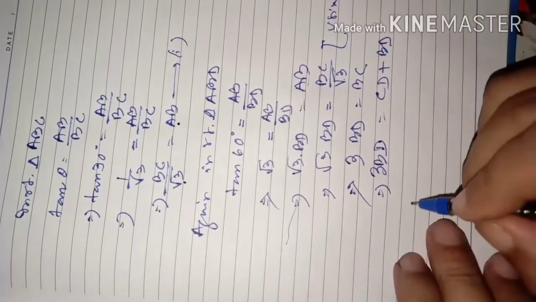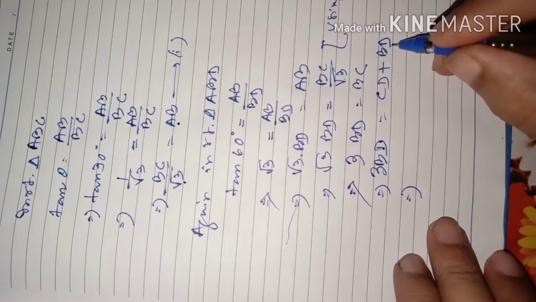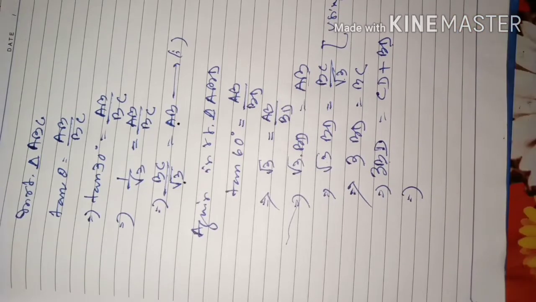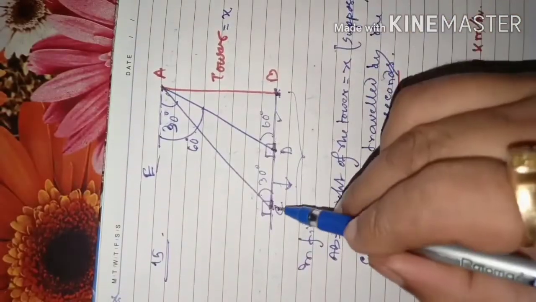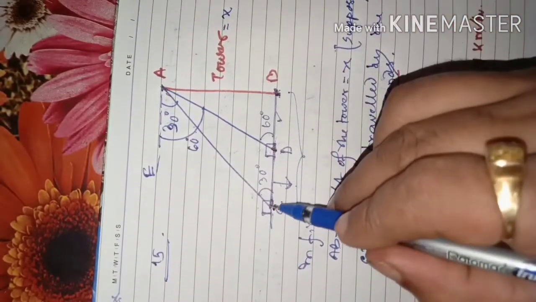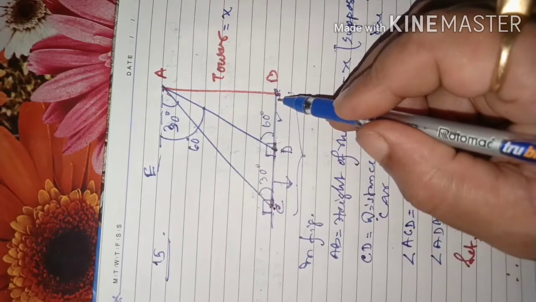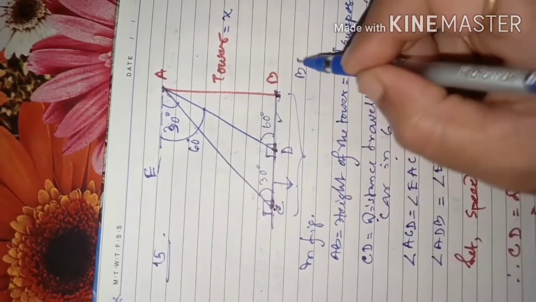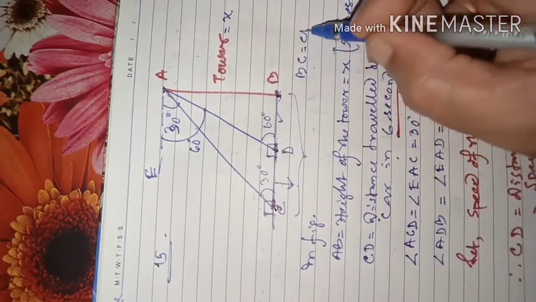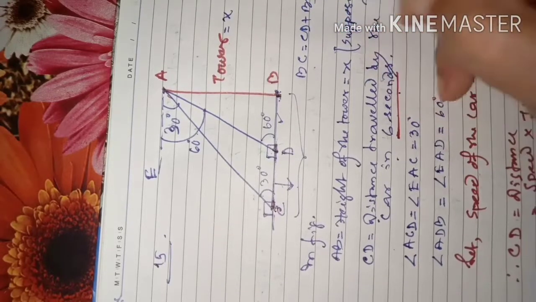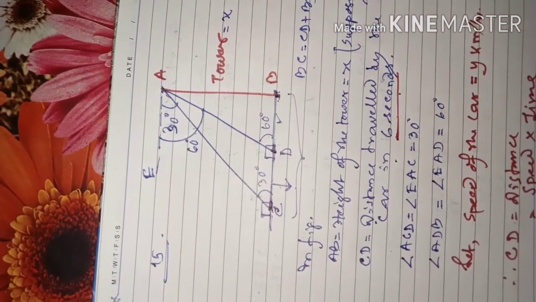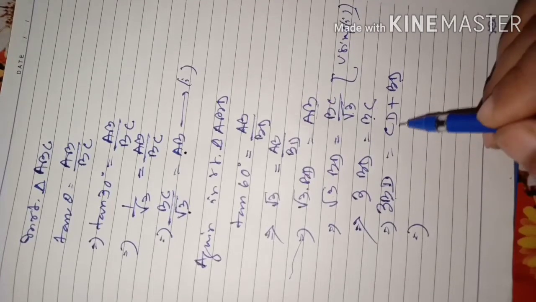You will understand this whole thing from the diagram. You see, look at the diagram. BC is what? CD plus BD. That's why I have replaced BC by CD plus BD. Okay, no? So BC is CD plus BD.